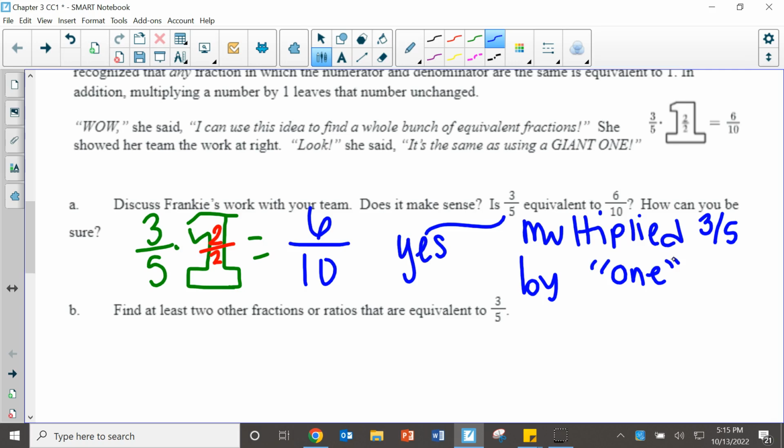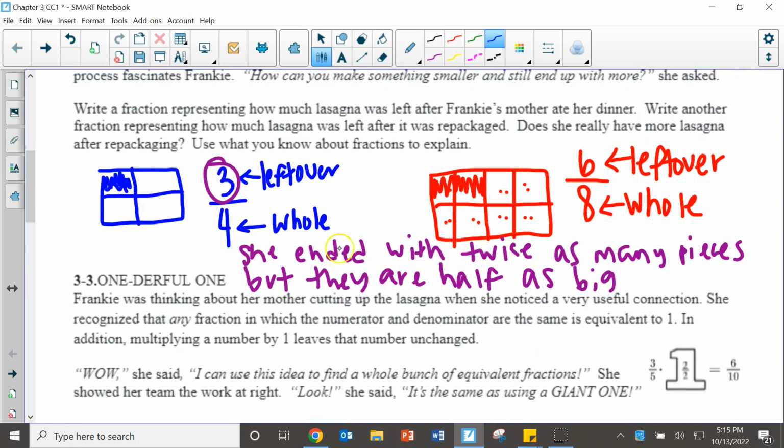So you can multiply that and use a giant 1 of 1,000,000 over 1,000,000 and get 3,000,000 over 5,000,000. That's the same and it's equivalent to 3/5. Again, if I come up here to this lasagna, okay, I have 3/4 left over. It's also like saying I have 6/8 left over. It's the same amount, just smaller pieces.